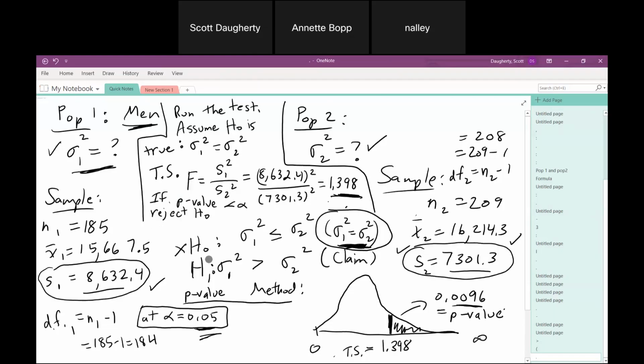So we get the same answer. You reject the null, and then, of course, if you reject the null, you're supporting the alternative, which happens to be the claim. So you're supporting the claim. So you get the same answer as you did before.